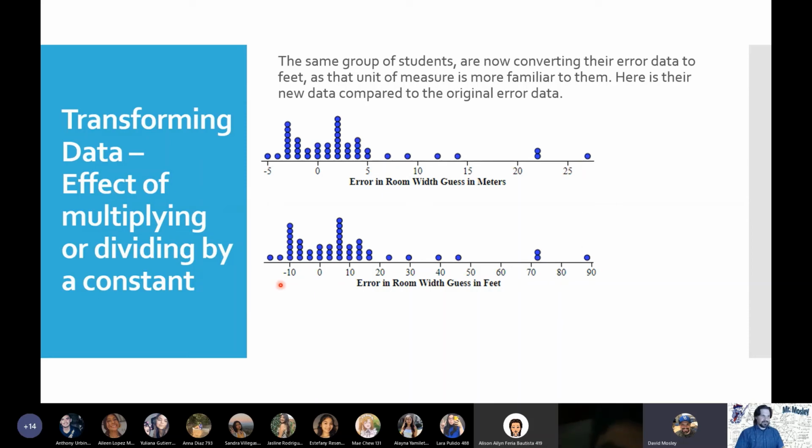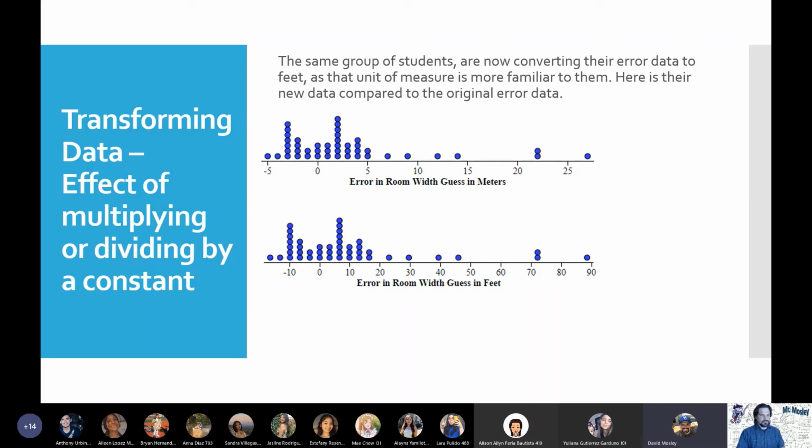The graph on the bottom here goes from negative 8 to 89, almost. So the size of the range has changed. It does look the same, size-wise. However, when we consider the numbers, we can see that it's not.